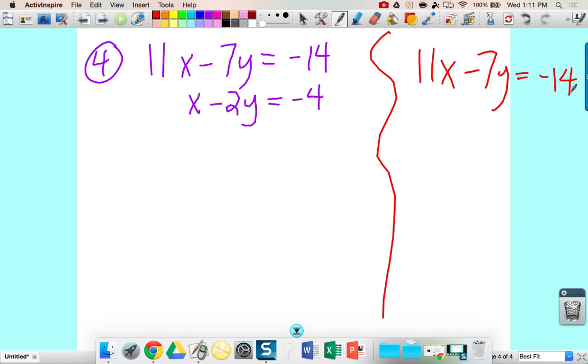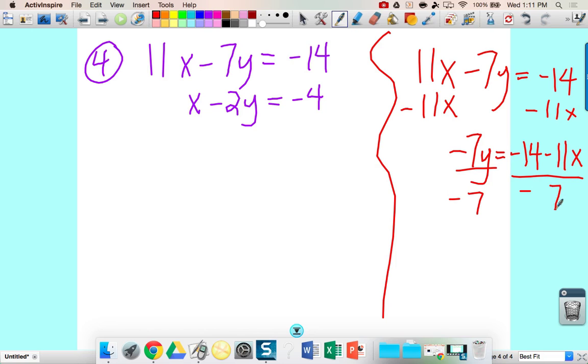So if I'm going to solve for y, this is what would happen. So that's what you would do. You would do it just like you would do a regular get y by itself problem.